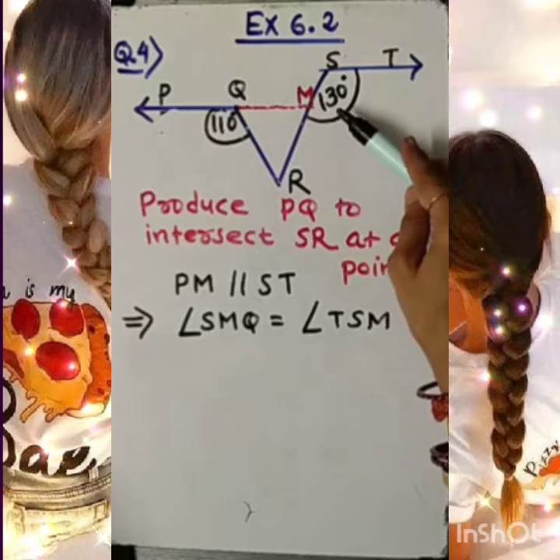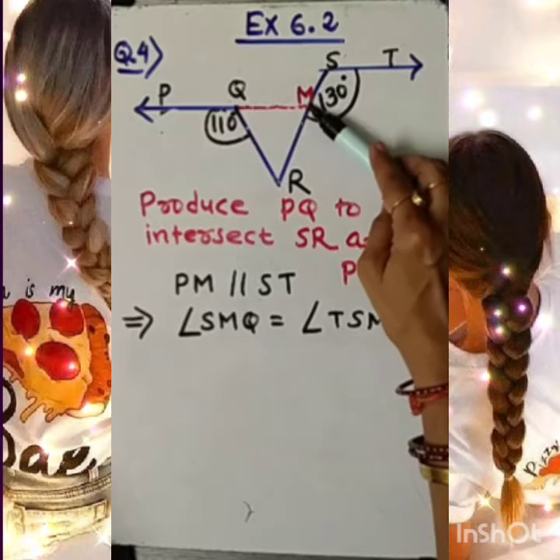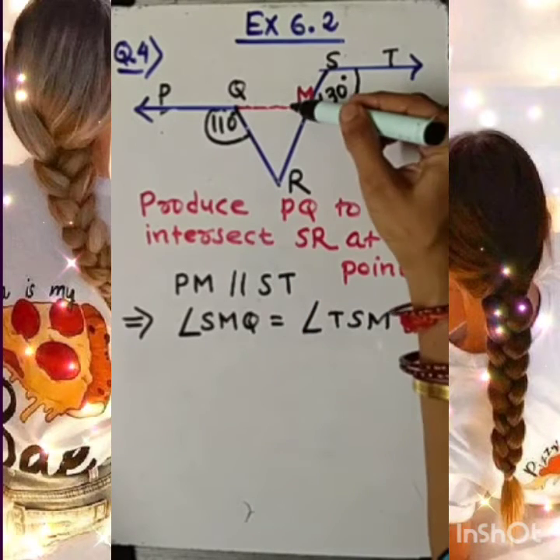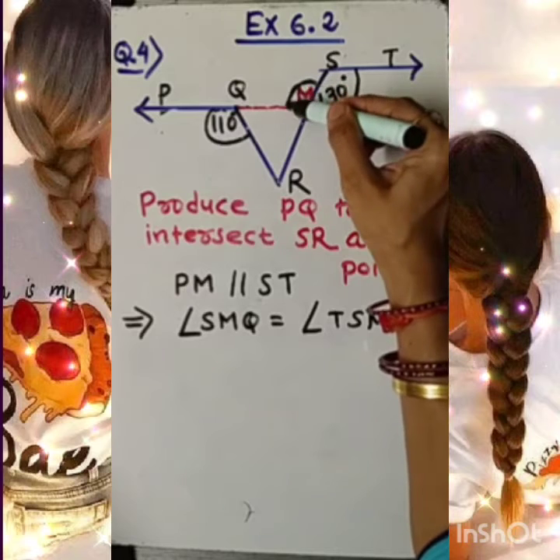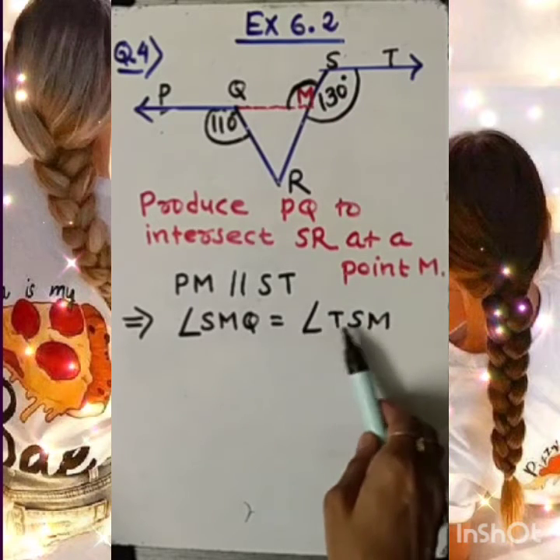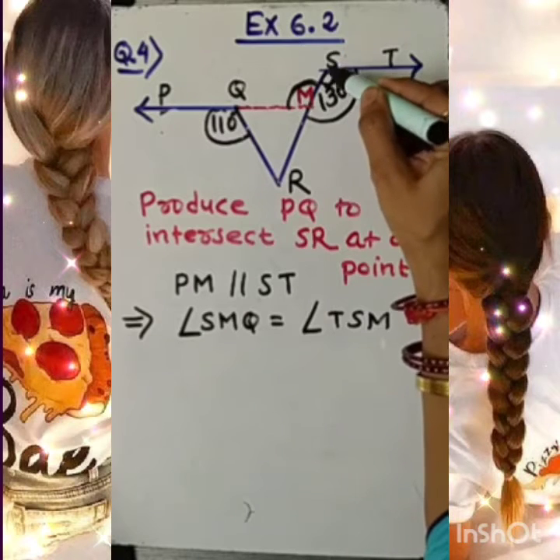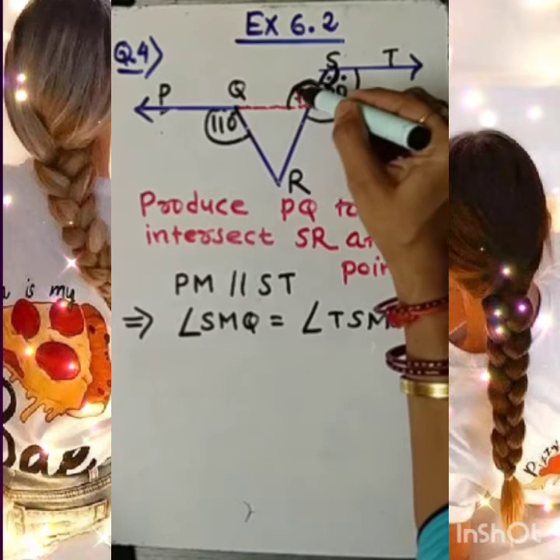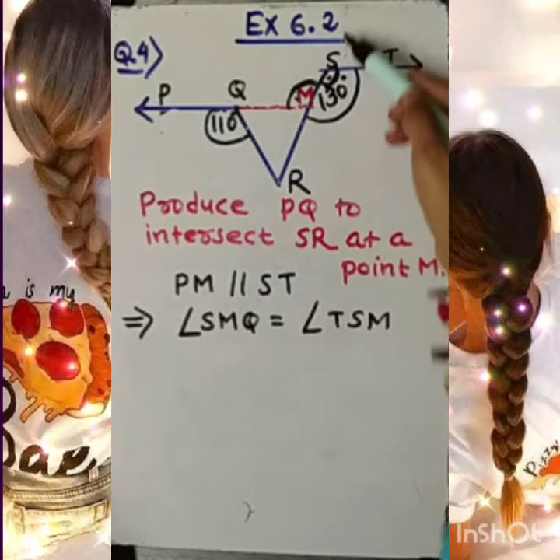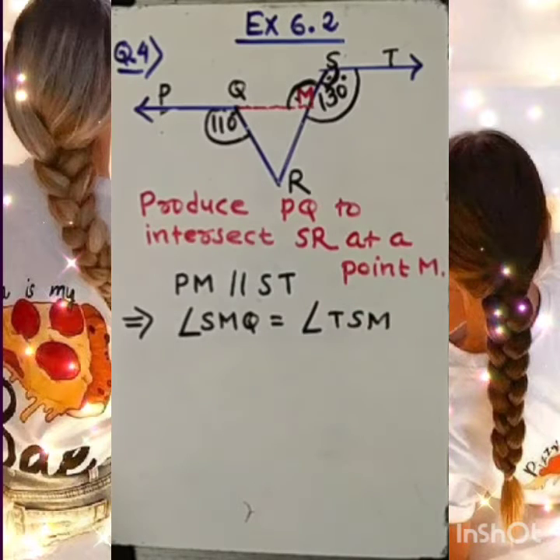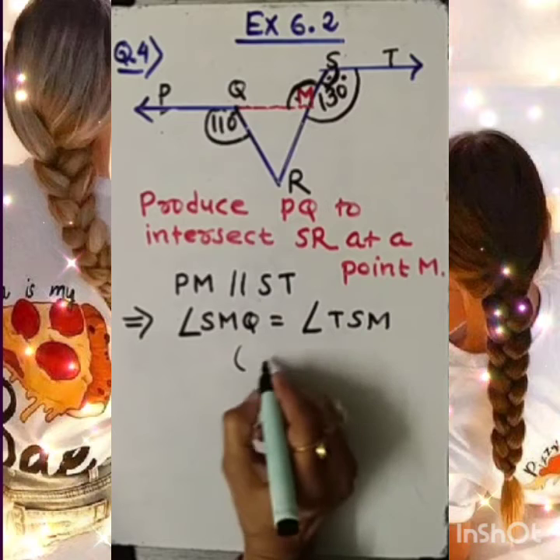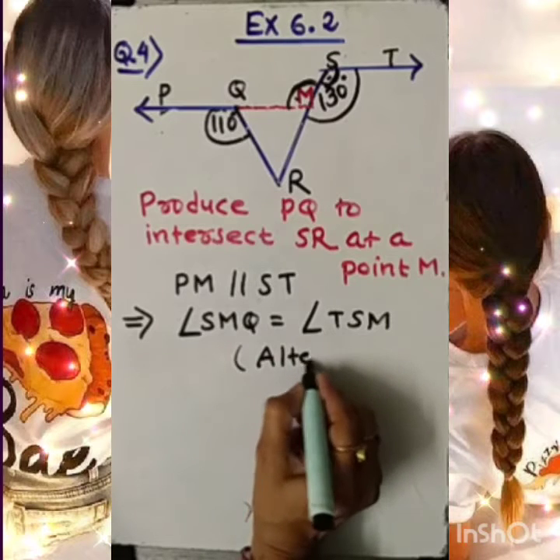Angle SMQ. Look at your screen. SMQ means this angle. I am talking about this angle. SMQ and TSM. TSM means this angle. Which type of angles they are? These two angles, this will become a transversal. Yes, they are correct.